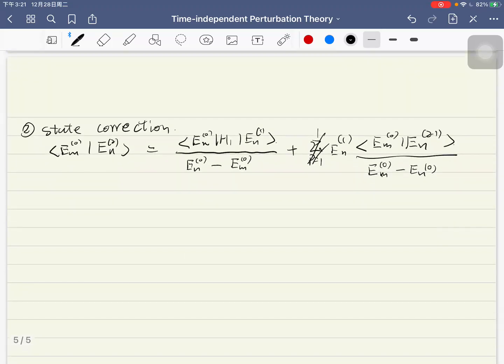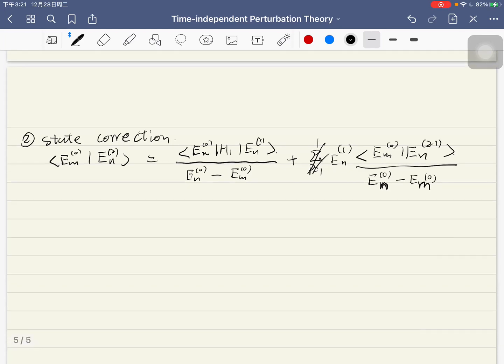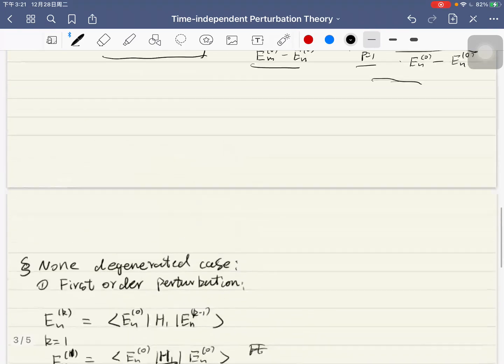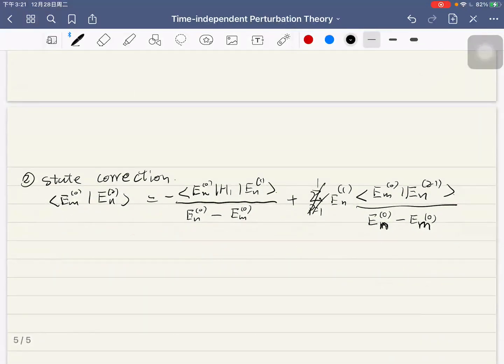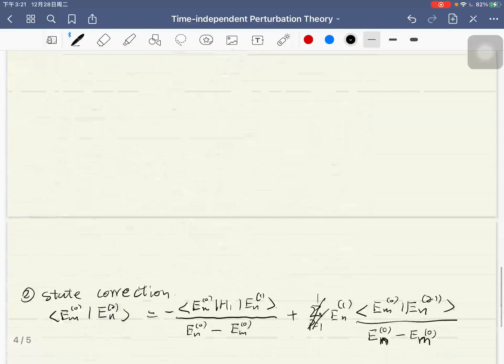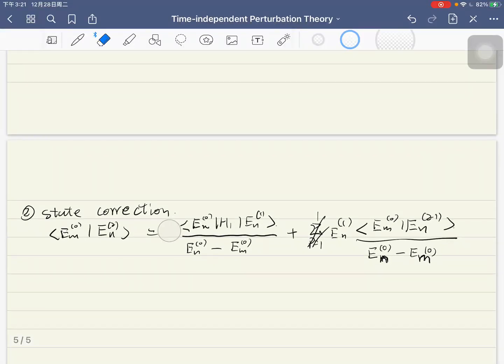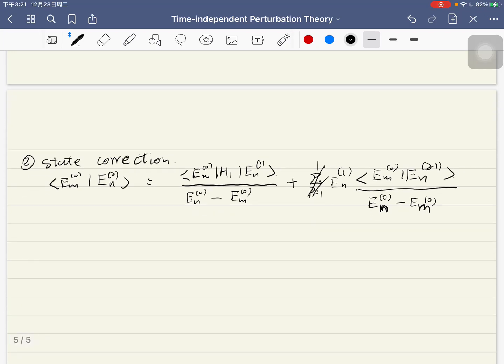Here is E_n0 minus E_m0, and there is a minus sign. Okay. No, there's no minus sign, because this is E_n minus E_m, not E_m minus E_n. Here we just take the expression of E_n1 to these formulas.